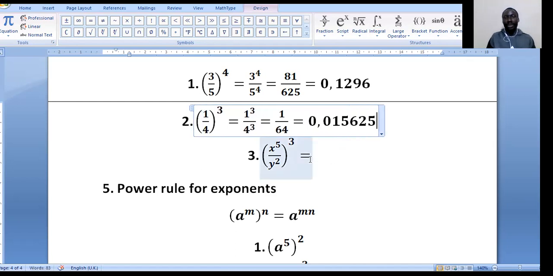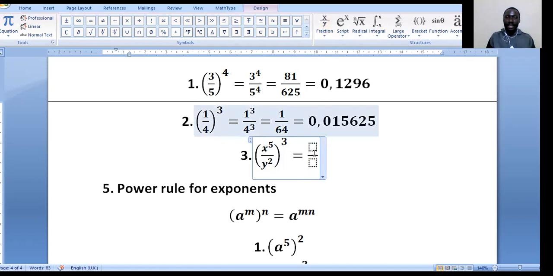How about when we are dealing with stuff like this? Well, the whole thing still stays the same. How? In the sense that this quantity here, x with exponent 5, must still appear here.